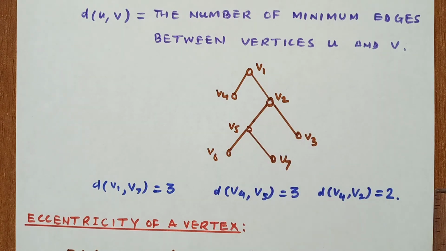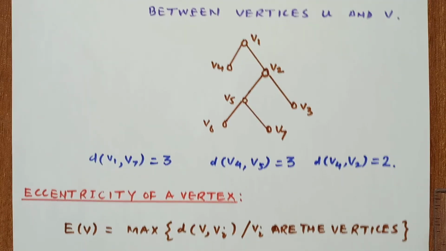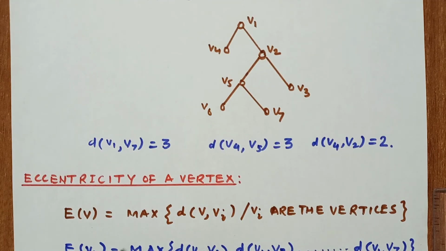This is called eccentricity. It means the eccentricity of v is equal to the maximum of the distance between v and vi, where vi is each vertex of capital V.